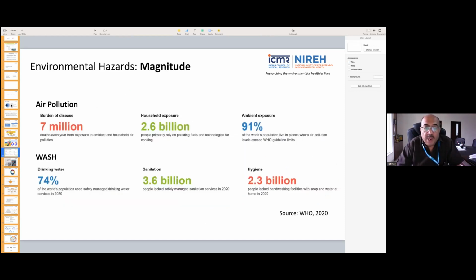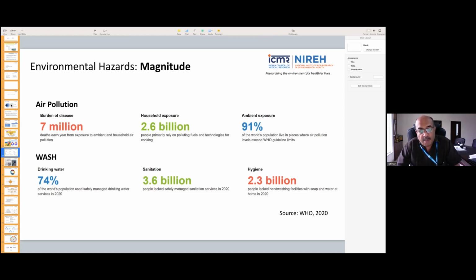In absolute terms, WHO says that 7 million deaths are occurring each year because of air pollution, and more importantly from household air pollution, with which many developing countries are still struggling.